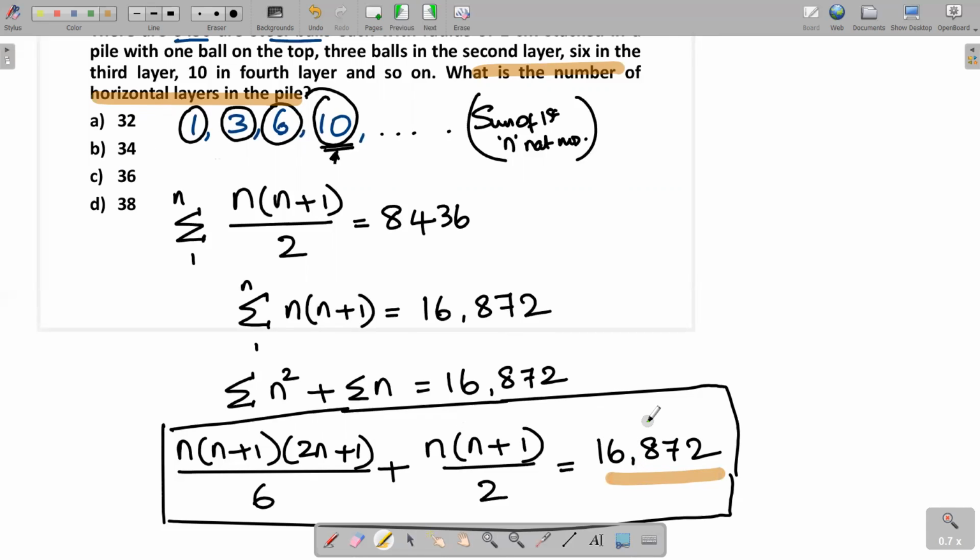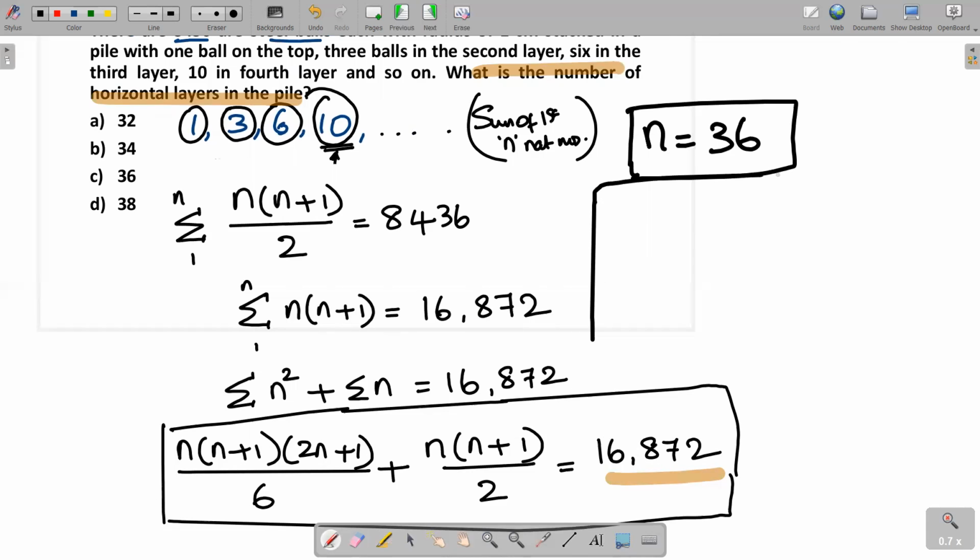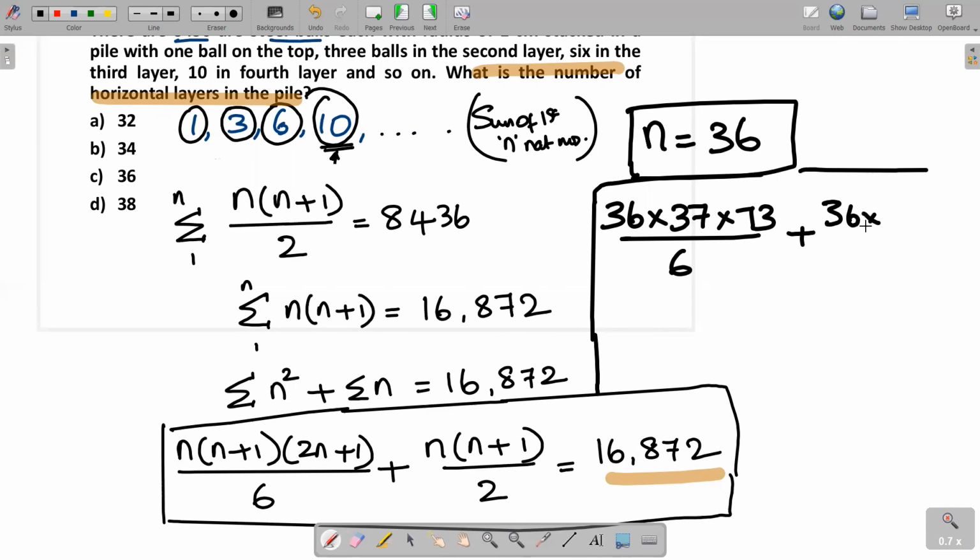So you can see that by reverse substitution, if you put n equal to 36, this condition will be satisfied. When n is equal to 36, it comes as follows: 36 into 37 into 2 into 36, 72 plus 1, 73, divided by 6, plus 36 into 37 divided by 2.